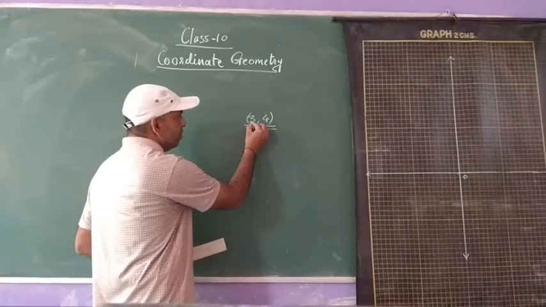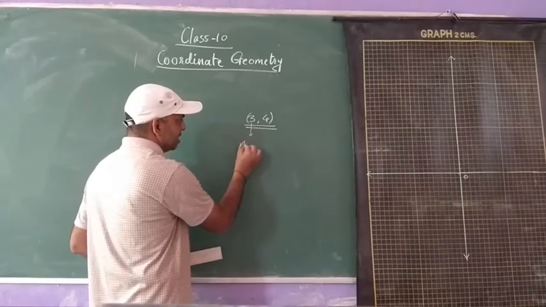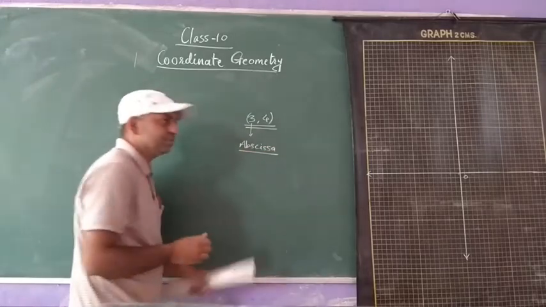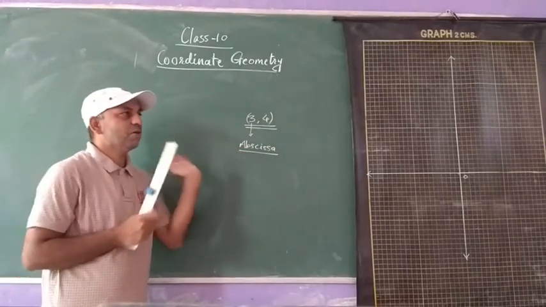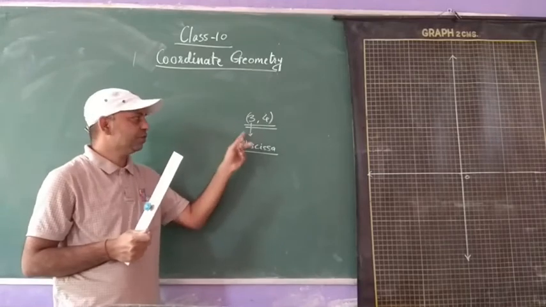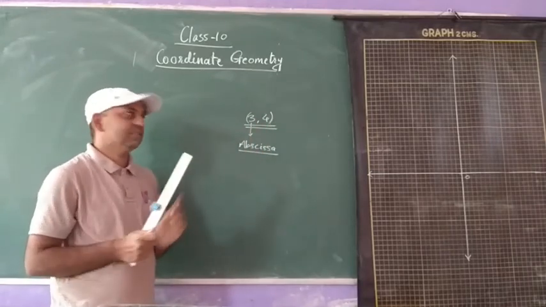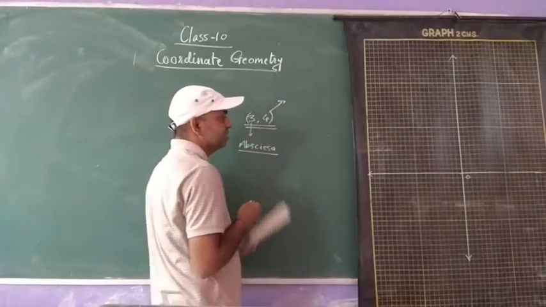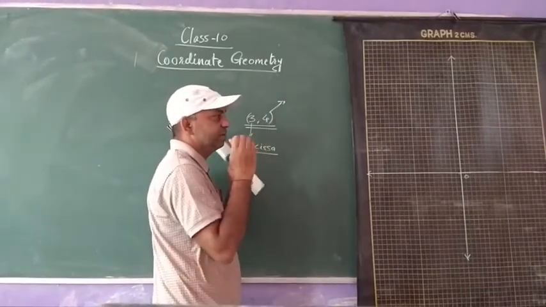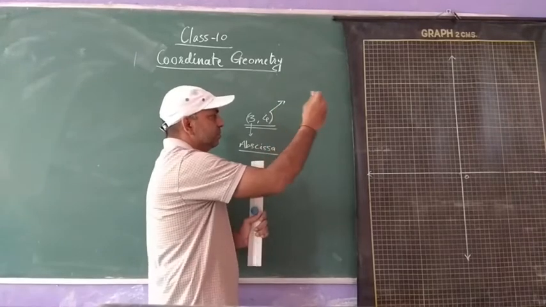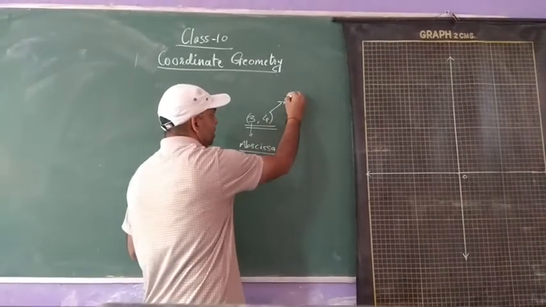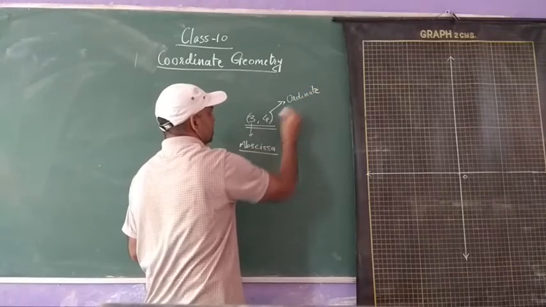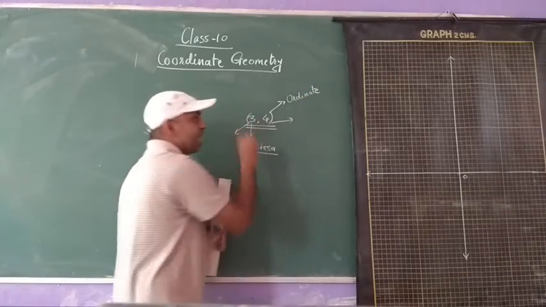Here the value of x is called the abscissa, that is the distance of the point from the y-axis. The distance of the point from the x-axis is called the ordinate. It is the y coordinate, and the other is the x coordinate.